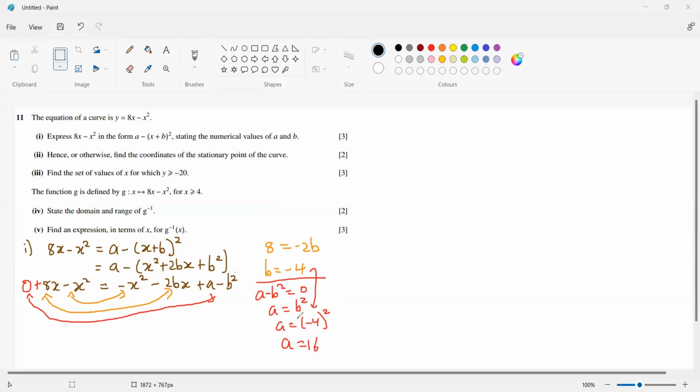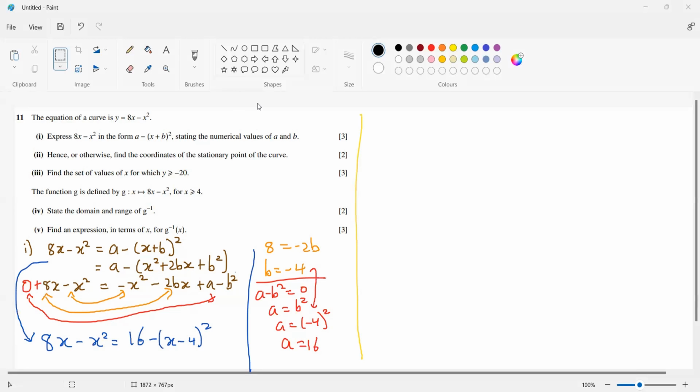So a is 16. Putting back these values, we can get the form now. Rewriting it nicely with these values of a and b, the answer is 16 minus (x minus 4) whole thing squared, because b is negative 4.